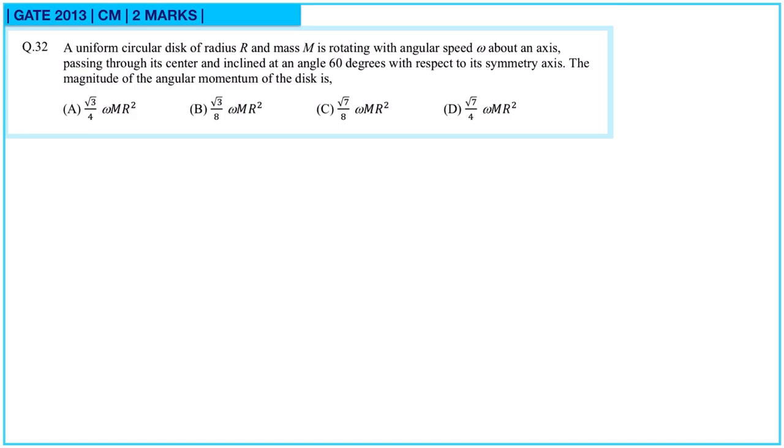So now consider x, y, z axes first. We have here x, y and z axes, and the disk is tilted at an angle of 60 degrees with its symmetry axis. The symmetry axis is the z axis, so it is tilted by 60 degrees. So it is something like this. Now, what will be its moment of inertia along all these axes? That we have to calculate.